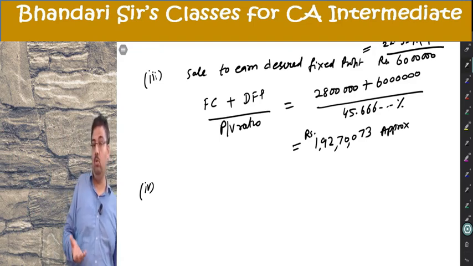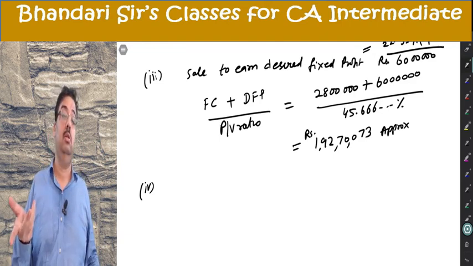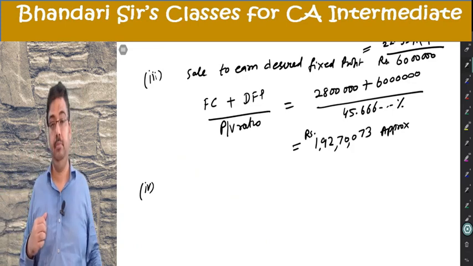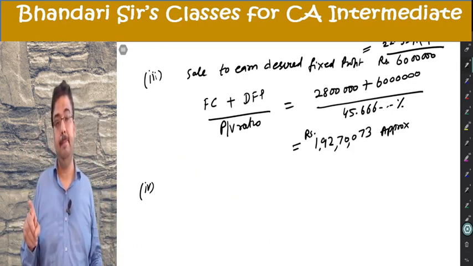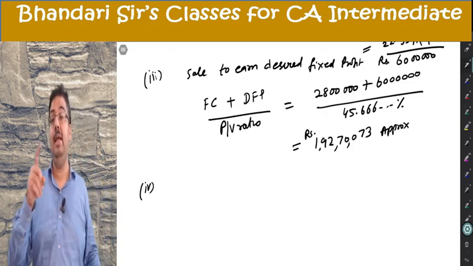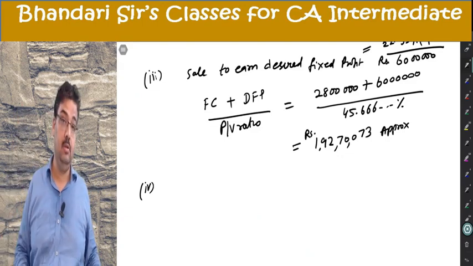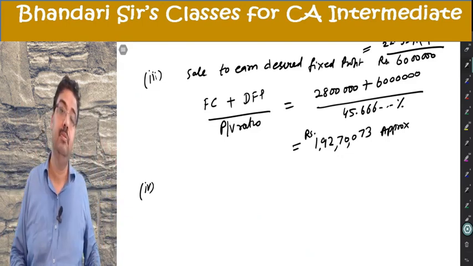It is similar to one other question that we have done. When selling price changes, units remain constant, variable cost is same, profit desired is same, fixed cost increases, whatever fixed cost increases should be sale increase.